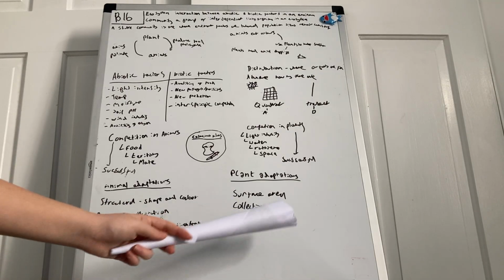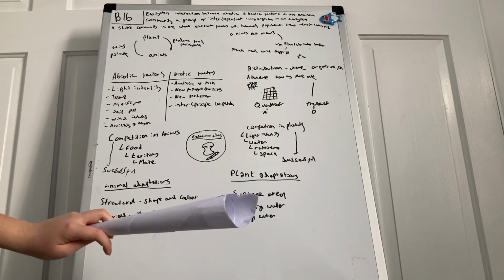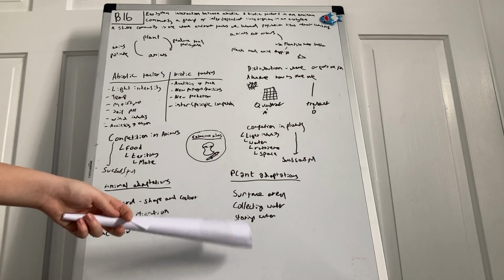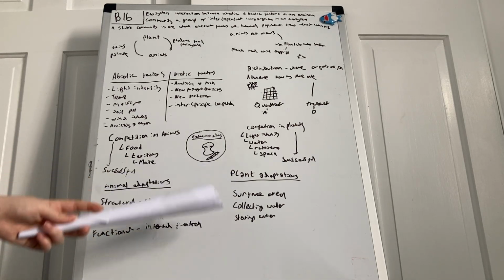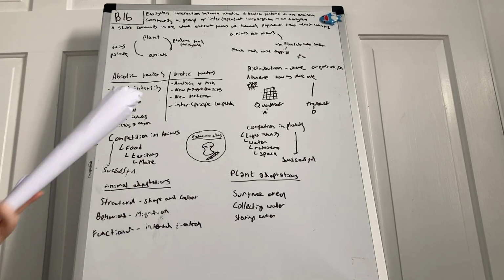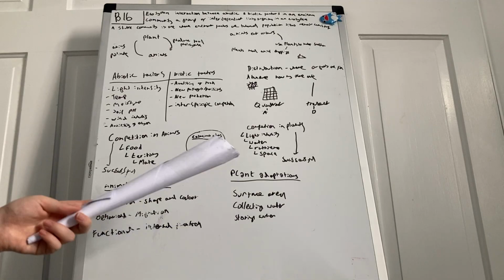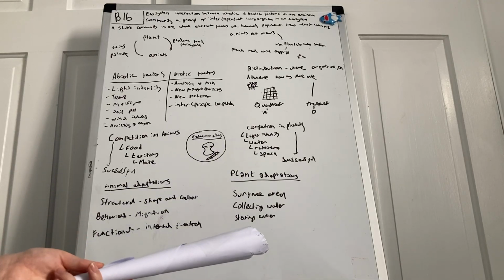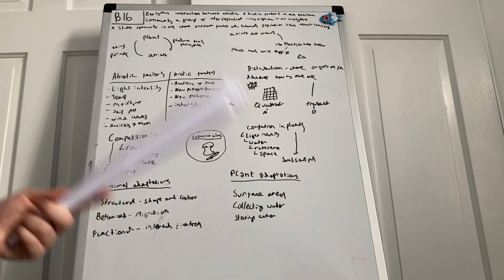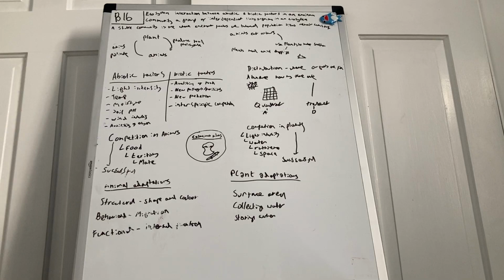And collecting water. This is inherent for plants which live in really hot conditions, where the transpiration stream is always going out, and water is always escaping from the stomata. That's quite relevant for plants that live in hotter climates, or plants which live in climates with higher wind intensity.